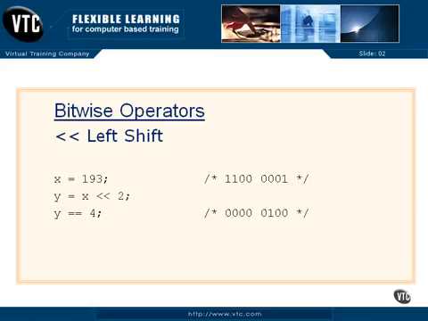Here's our Bitwise operator's left shift. And what this does is cause our value to be shifted to the left as far as the bits go in the binary format, shifted a number of bits to the left. So here we have our X is 193. There's our value. And our new value will be equal to X left shifted by 2 bits.